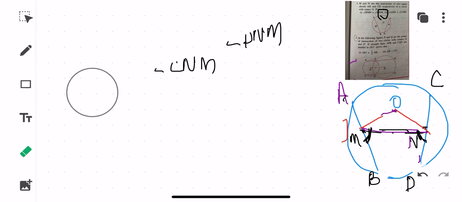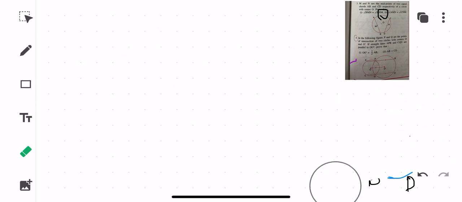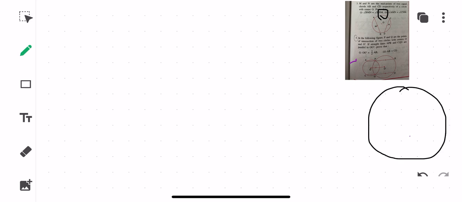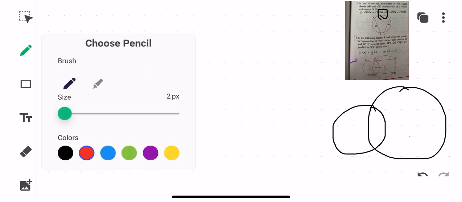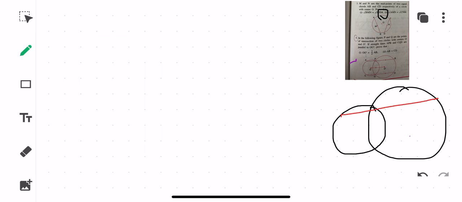We'll be moving to the fourth question, children. According to the fourth question, we have been given a figure here as well. So just draw the figure first. These are the two intersecting circles, and we will be drawing chords.